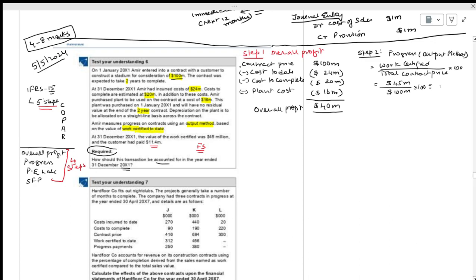Fast, simple, my dear. You don't need a calculator. The zeros cancel. 45 million divided by 100 million into 100 is 45%.